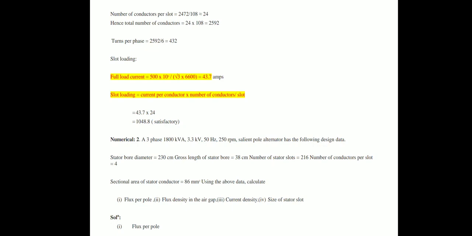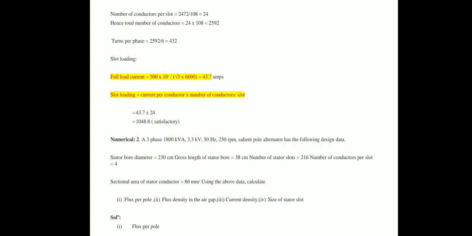Slot loading is equal to current per conductor into number of conductors per slot, 43.7 into 24 is equal to 1048.8, which is according to the question satisfactory. This is the end of numerical 1.